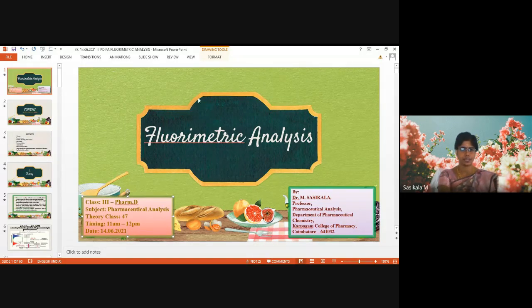Fluorescence is the emission of light from a molecule. The molecule will be emitting the radiation. Whichever molecule emits the radiation is analyzed spectrometrically, so it is called fluorimetric analysis. Emission of light is known as fluorescence, hence the term fluorimetric analysis.